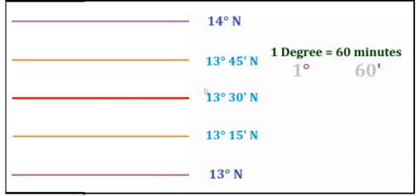You can see 13 degree north to 14 degree north. There are 1, 2, 3 subdivided lines there. That is 13 degree to 13 degree 15 minute north, and 13 degree 15 minute north to 13 degree 30 minute north, 13 degree 30 minute north to 13 degree 45 minute north, and last 13 degree 45 minute north to 14 degree north.